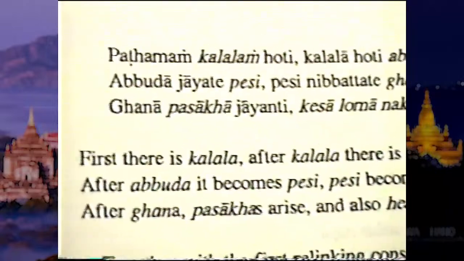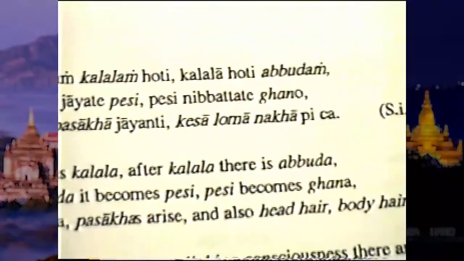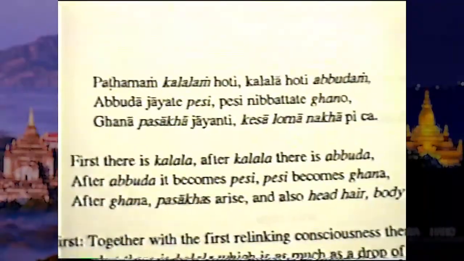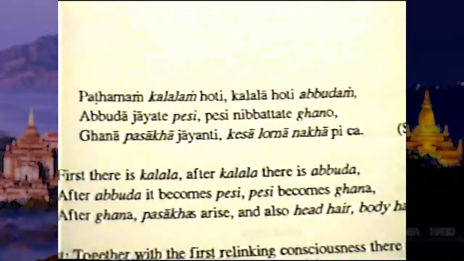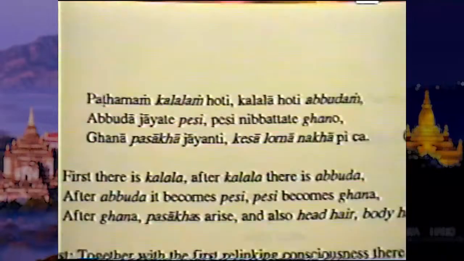First we will read this page. Patamang kalalang hodi, kalala hodi abudang, abuda jayate pesi, nibbate gano, ghana pasaka jayanti, kesa loma nakha bija. This is Pali in Sanyutta Nikaya.